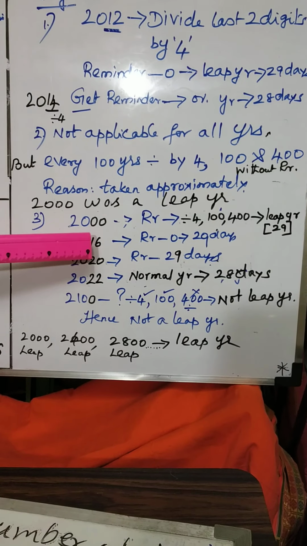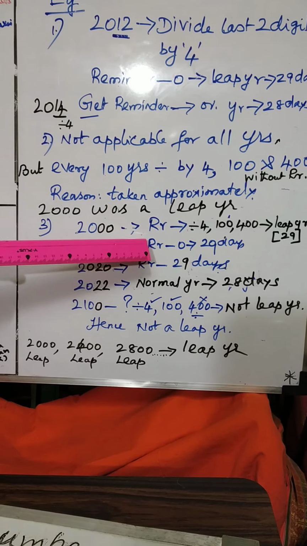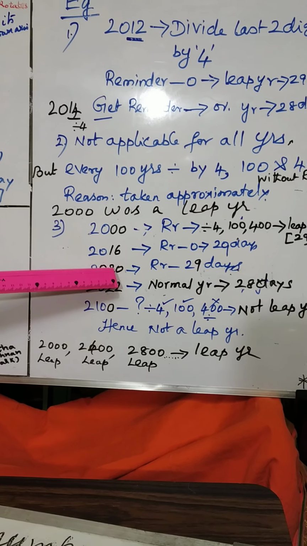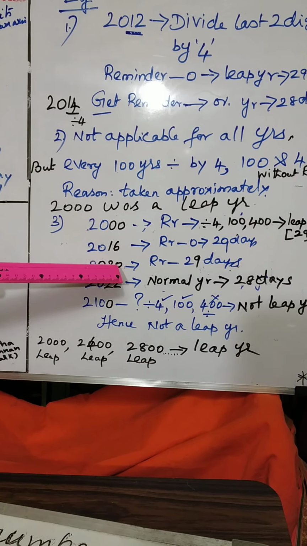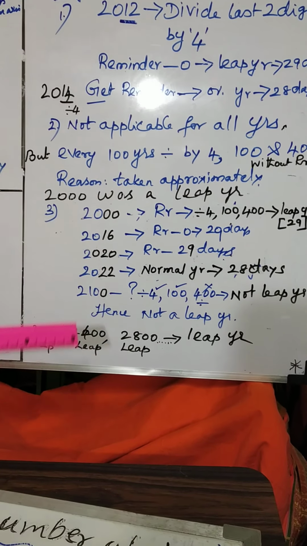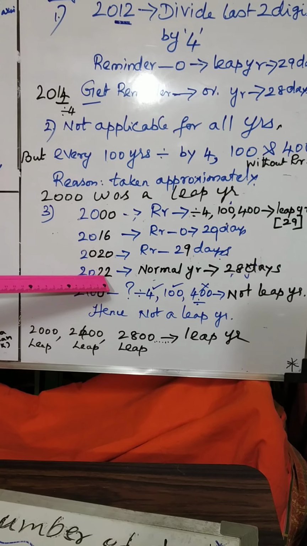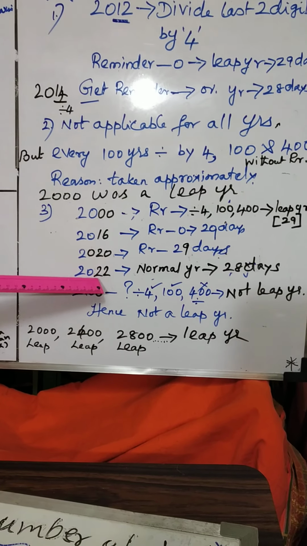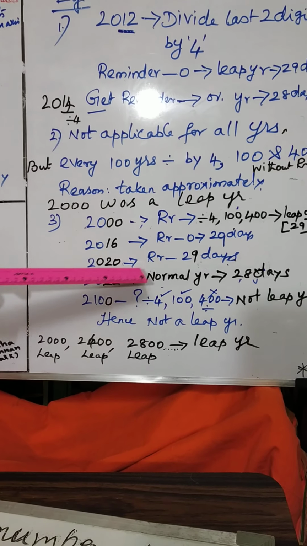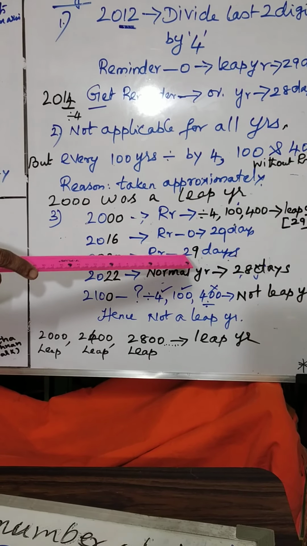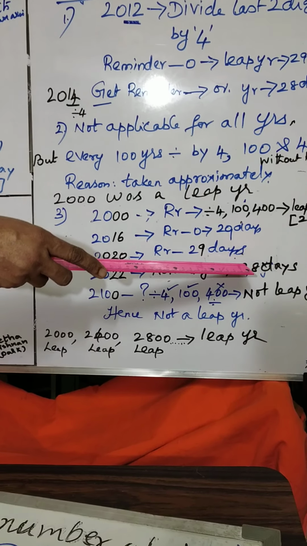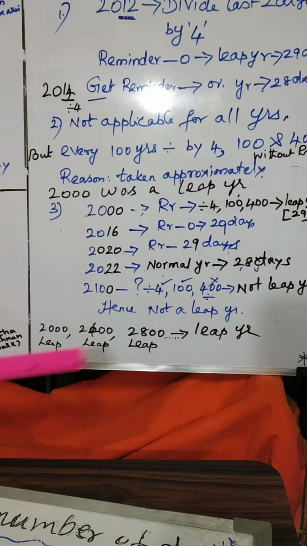Because for 2016, the last 2 digits alone give remainder 0 when divided by 4, it has 29 days, which means leap year. 2020, this year, again remainder 0, that is 29 days. 2022: 22 is not divisible by 4, we get a remainder. That is a normal, ordinary year. Hence in the case of February month, we will have only 28 days.